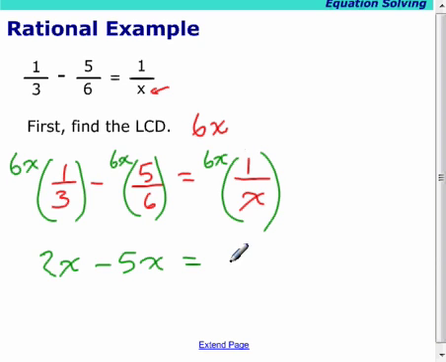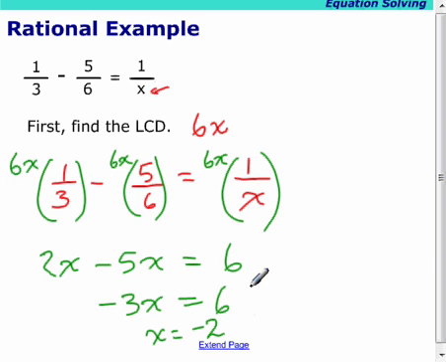On the other side the x's cancel. I'm left with 6. Bam, I've got an equation, no more fractions. Works every time, works like a charm. Subtract these, collect like terms, use the division principle, and I get the solution to this equation to be -2.